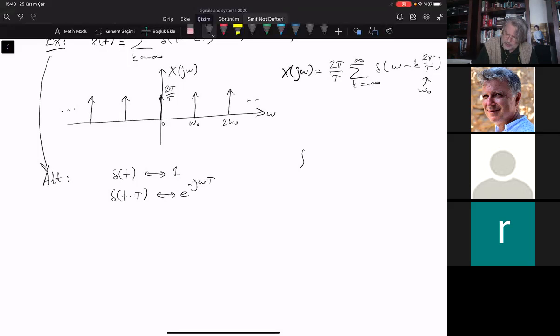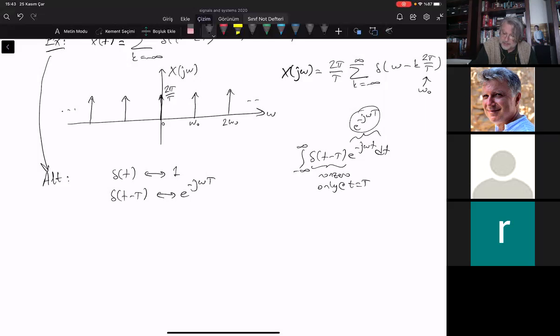You can just evaluate this integral from minus infinity to infinity, delta of t minus capital T times e to the minus j omega t dt, right? This is the Fourier transform. And this is non-zero only at t equal to capital T. And this thing at t equal to capital T is e to the minus j omega capital T, okay?